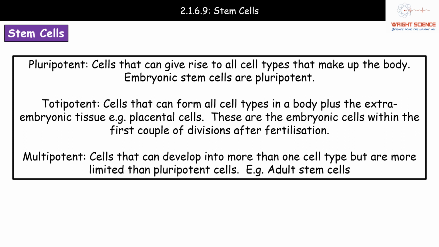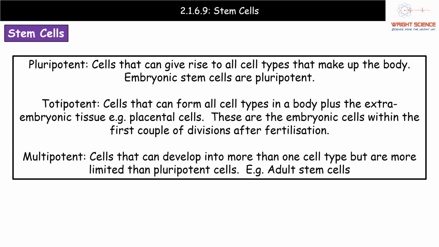So these are the very early embryonic cells. As soon as we get into that slightly later phase of being an embryo, then we're no longer talking totipotent because the cells are no longer able to make these extra embryonic tissues. They are then pluripotent.